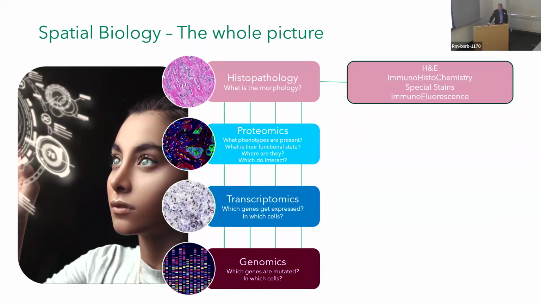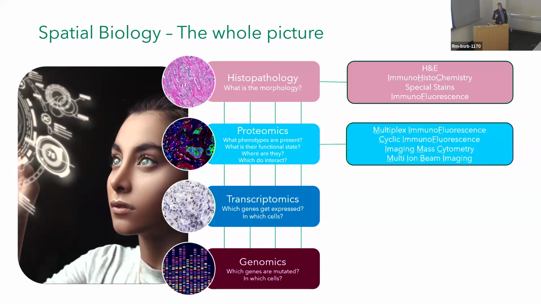With recent advances in technology, we can look at many more biomarkers on those tissues through proteomics. There's a bunch of different imaging techniques used in proteomics. I've listed a couple here. I probably won't be comprehensive in my lists because there's always a new technology coming out on a daily basis. But as we go from the morphological look at the tissue, we can also go into the proteomics approach.